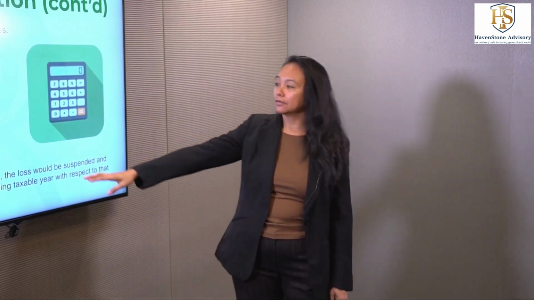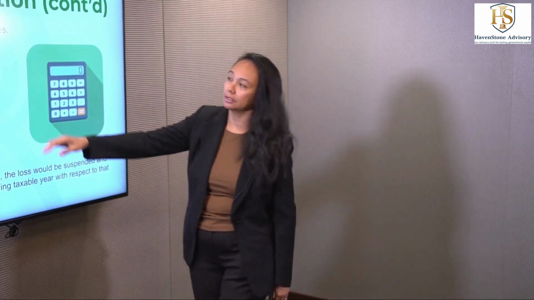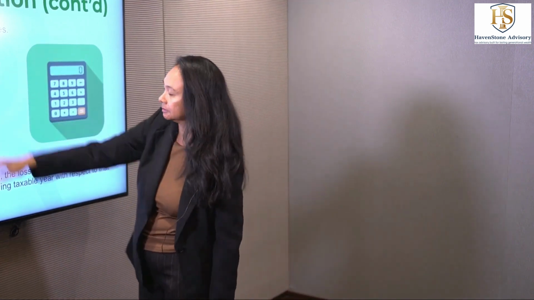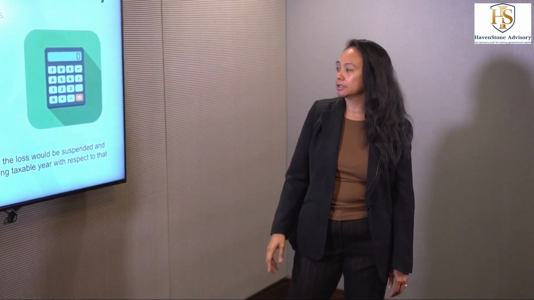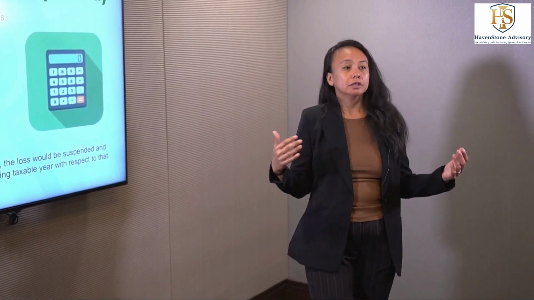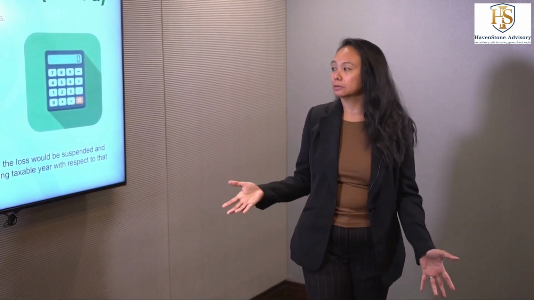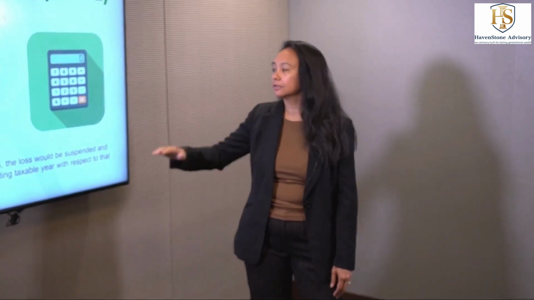And if he did not have enough basis to take the $2,000 loss, if we are already in the negative as we're doing the calculation, the loss is suspended and shall be treated as incurred by the corporation in the succeeding taxable year with respect to that shareholder. They're always worried about when they get to take the loss, and we just have to remind them, you never lose it.